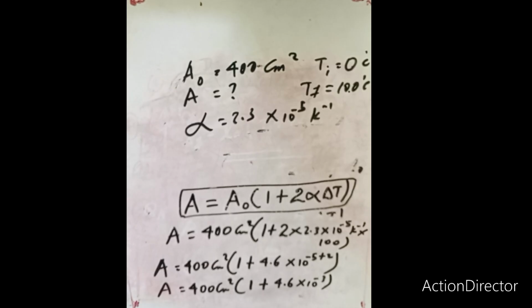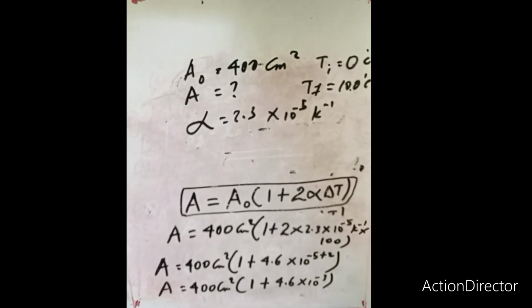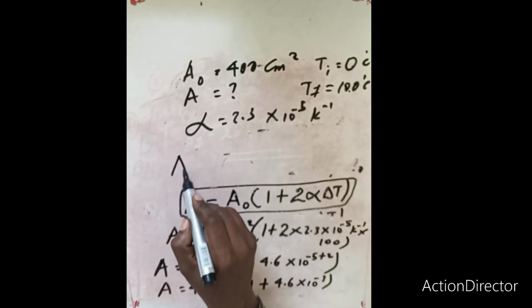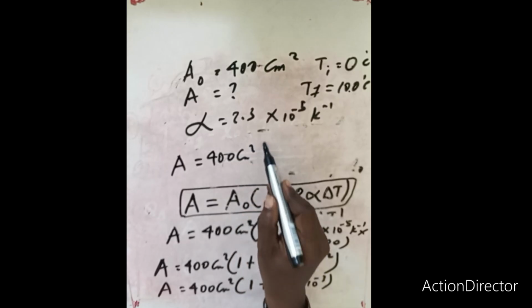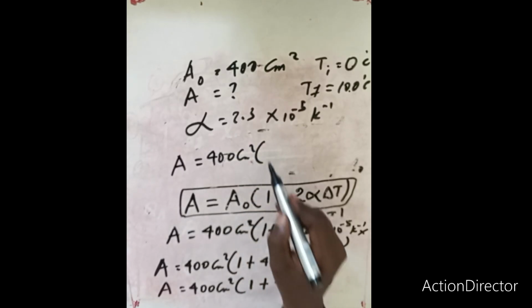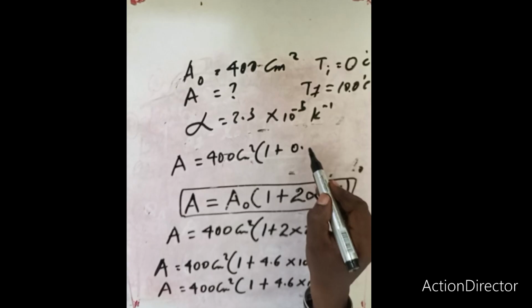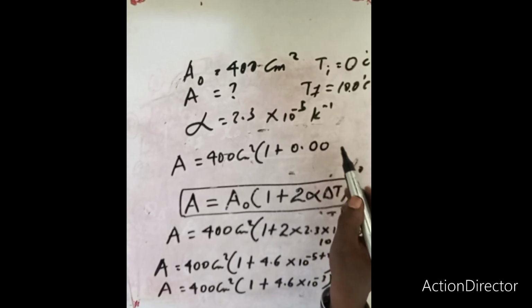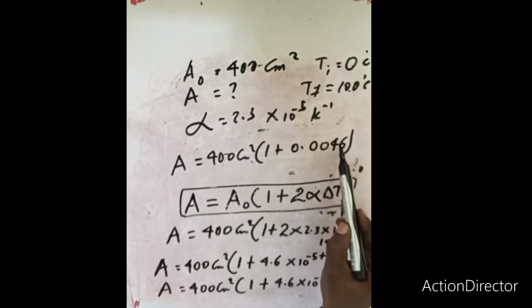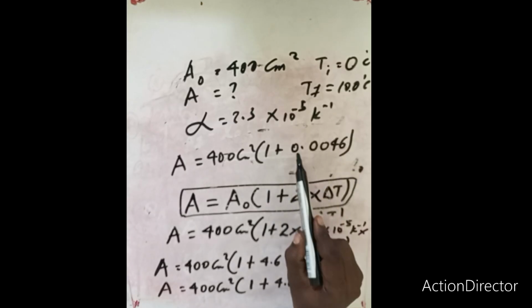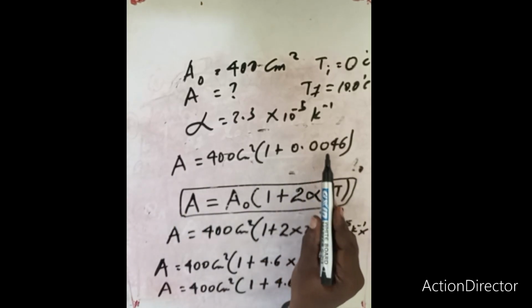Okay, add them together, we will get the area equal to 400 centimeters square times 1 plus 0.0046. That is 10 raised to minus 3, and this becomes 0.0046, that is 4.6 times 10 raised to minus 3. And then it becomes 1.0046.